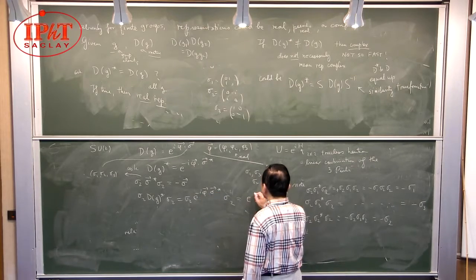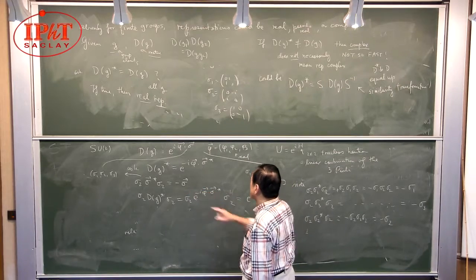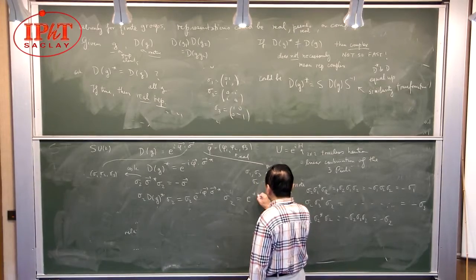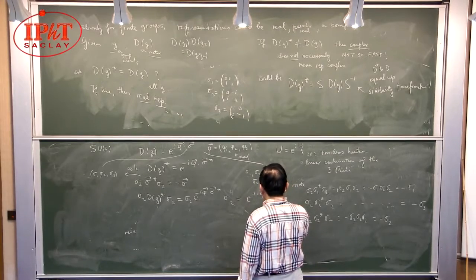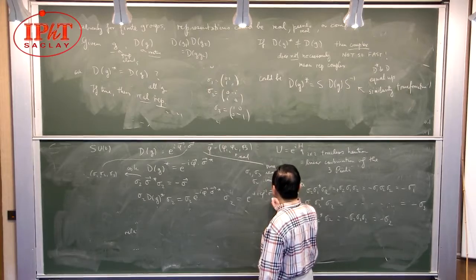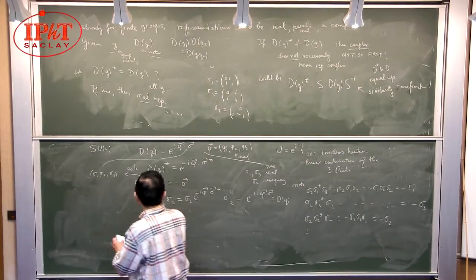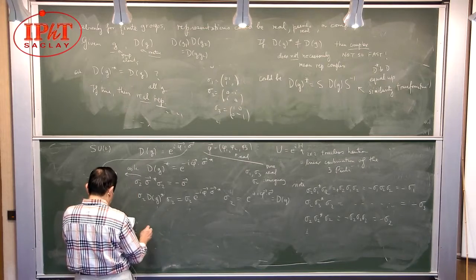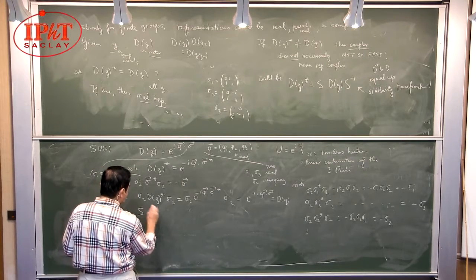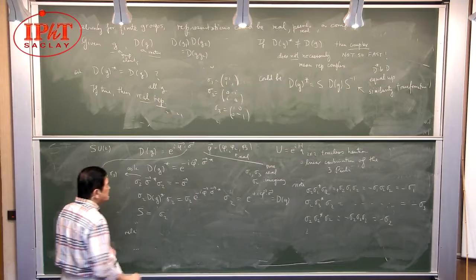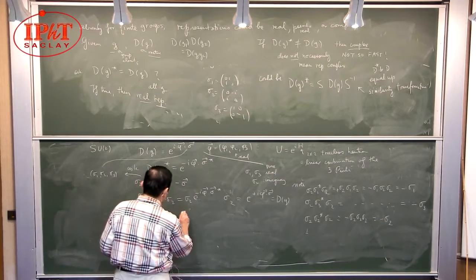So it changes into minus sigma, so the exponential becomes e to the plus i phi sigma, which is D of g again. So we see that in fact, we identify S equal to sigma 2, and S inverse is also sigma 2.